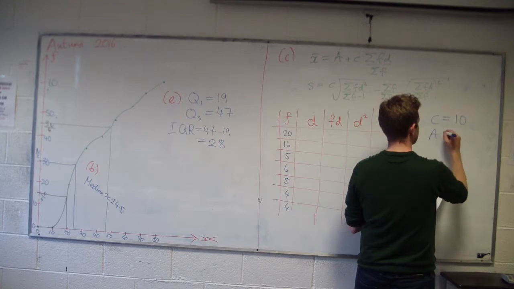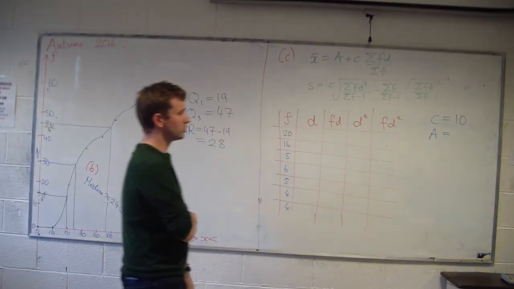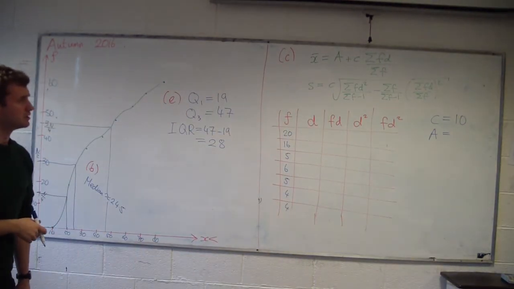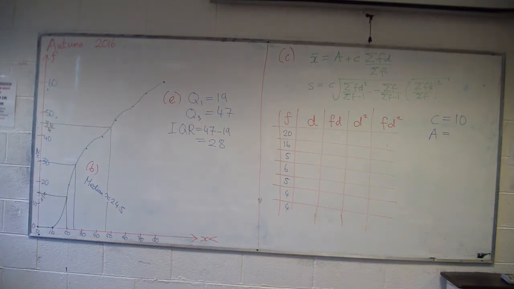Now A, you can't actually get A wrong, but the more your answer makes sense, the better. You're going to pick one of the midpoints, either 15, 25, 35, 45, 55, 65, 75, to be the assumed mean. It has to be one of the midpoints though. What do you want to go for?